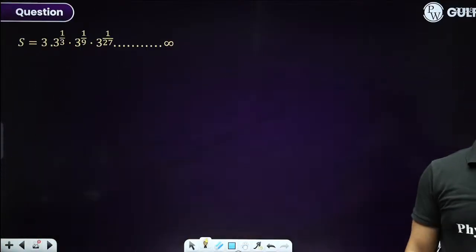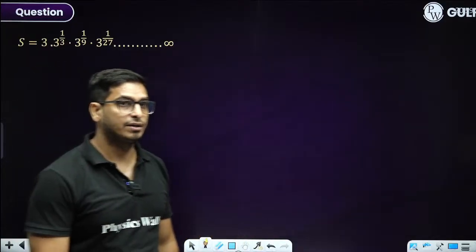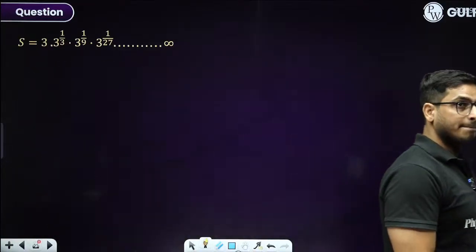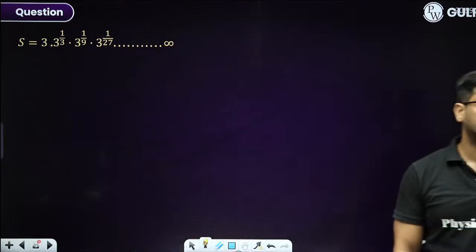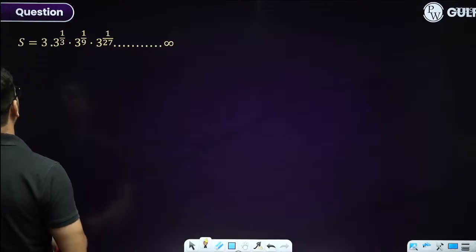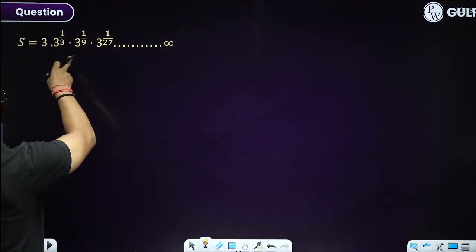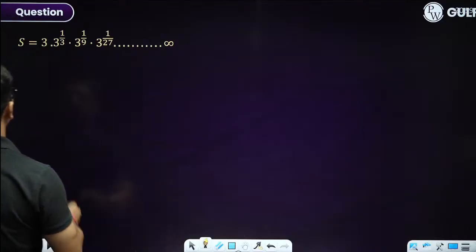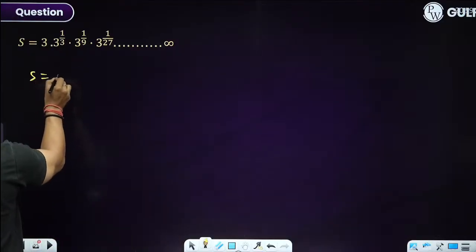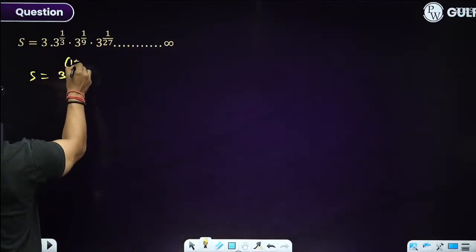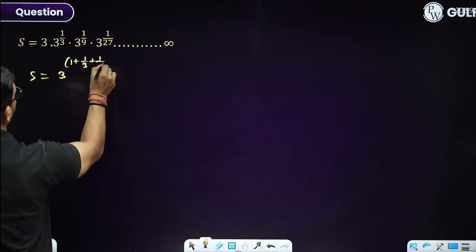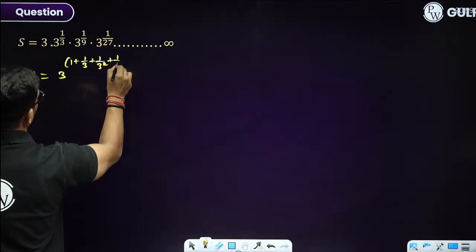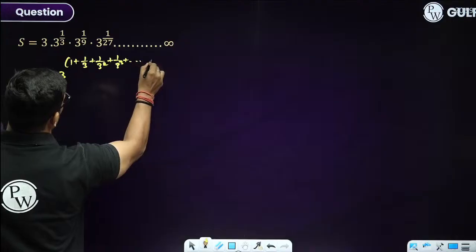Okay, now we have a question here. We have to find the sum of the infinite terms. So guys, can I write it like this: 3 to the power 1 plus 1 by 3 plus 1 by 3 square plus 1 by 3 cube and so on till infinity?